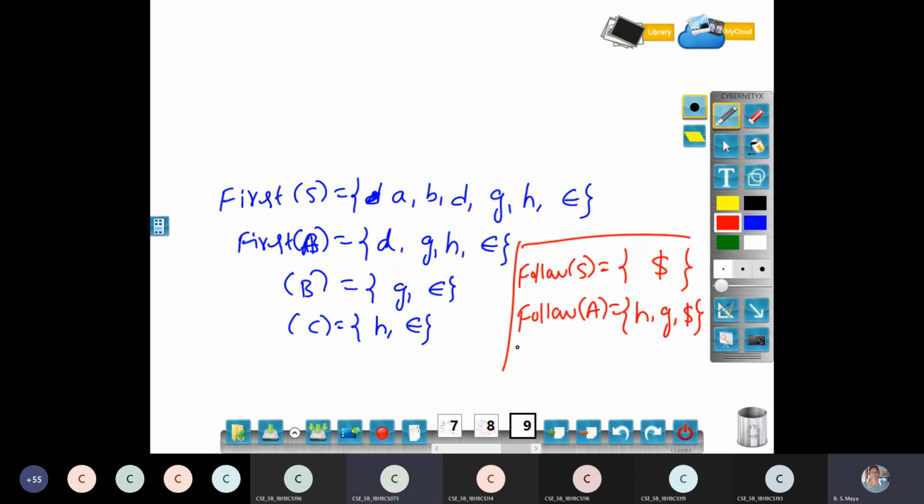Very good. What is the follow set of B? Dollar, A, H and G. Correct. What is the follow set of C? G, dollar, B and H.